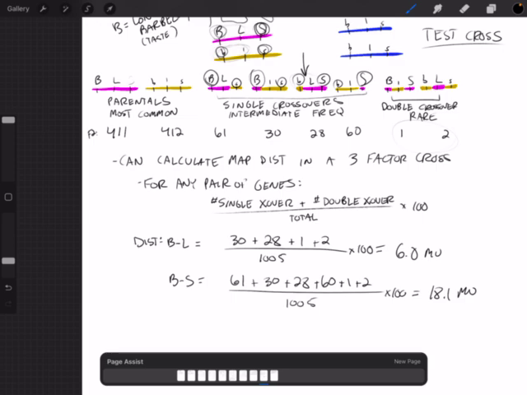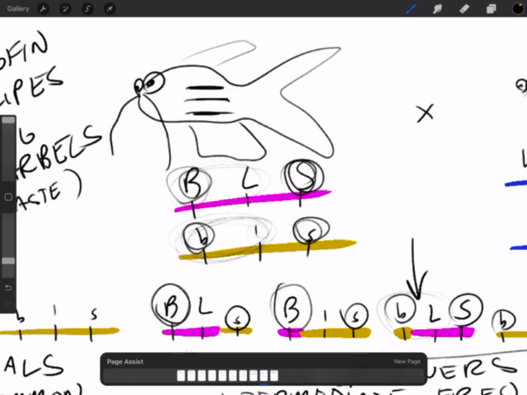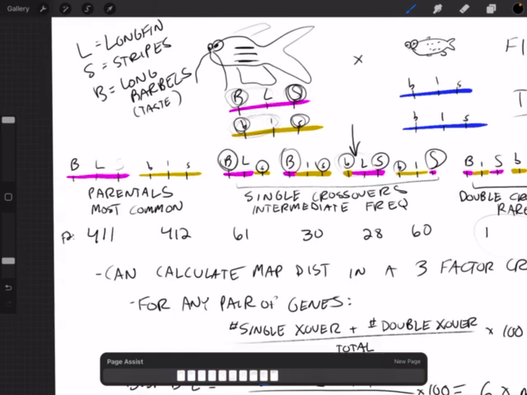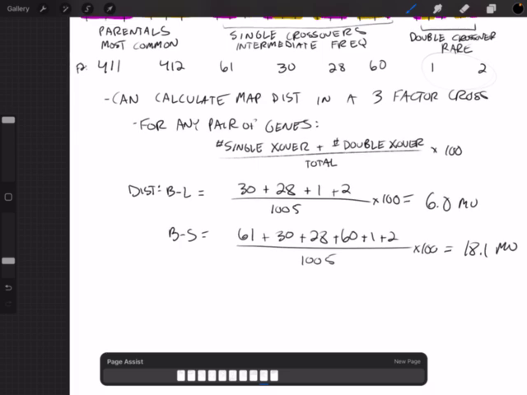So B and S are on the outside, because anytime you have a recombination event between B and L, it's also between B and S. Anytime you have a recombination event between L and S, it's also between B and S. So they're all recombinants. That's one way of determining which gene is in the middle: you find the bookends by seeing which one has all the possible recombinants.